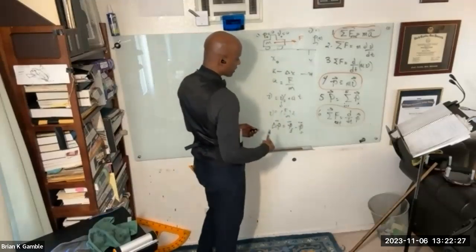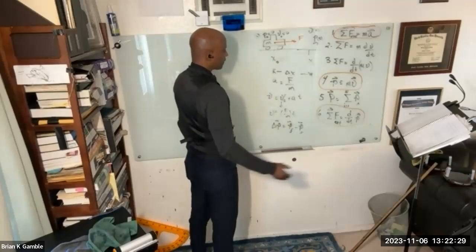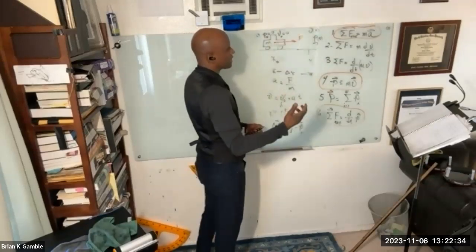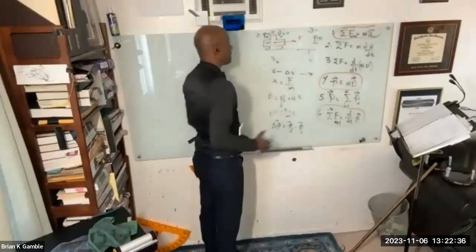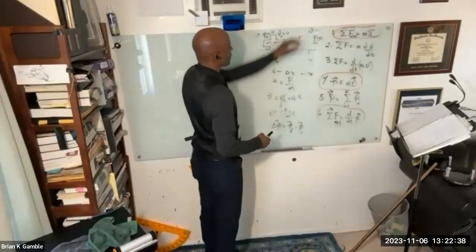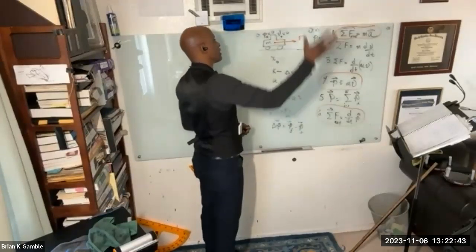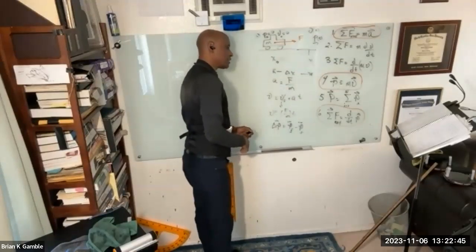Let's say that you have an elastic collision or something where you assume that the energy is not lost. Well, then the velocity doesn't change and it bounces off with the same momentum that it entered.